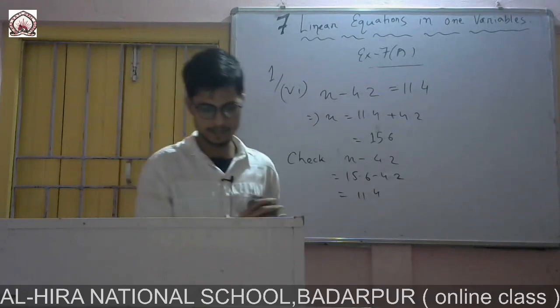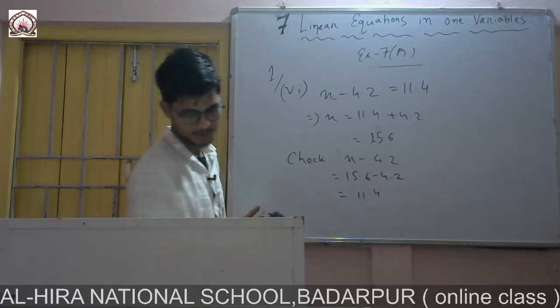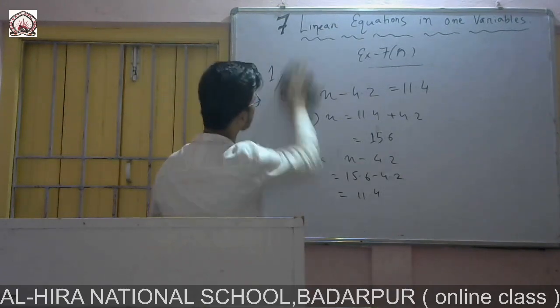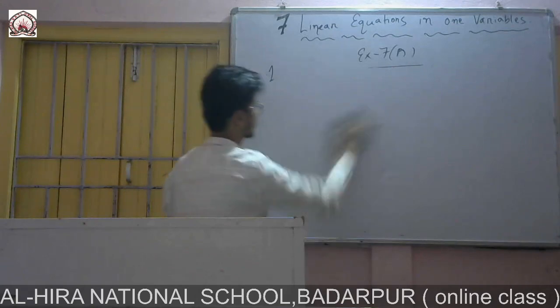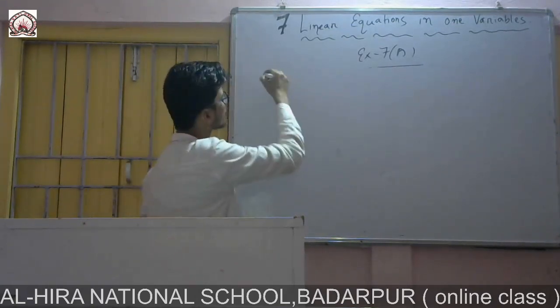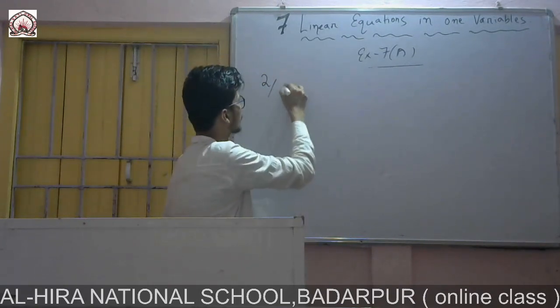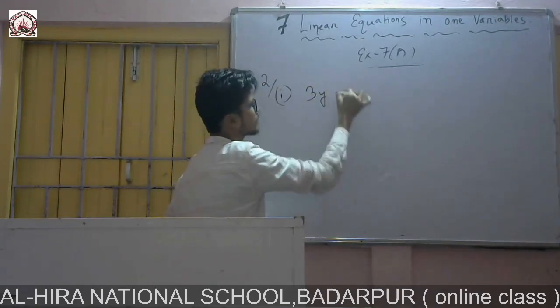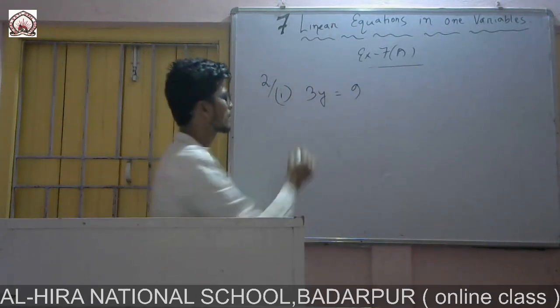So same as earlier, we have to solve and then check each equation. See Roman number 1. First of all, 3y equals 9.